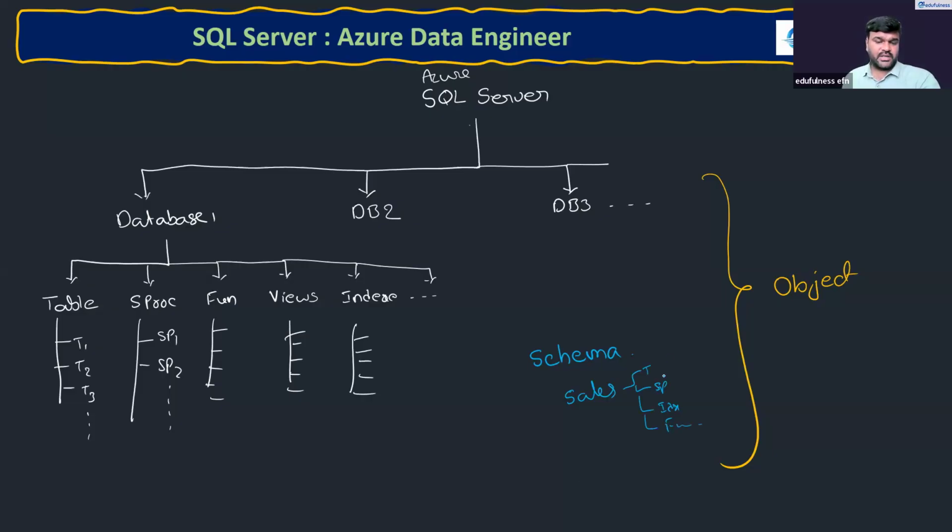So you want to know which objects are related to the sales concept. Some tables are sales related, some stored procedures are sales related, like that. So to differentiate which objects relate to which particular concept, the schema concept is going to be there. We will see that practically also. So if you take any server, the structure will be like this.